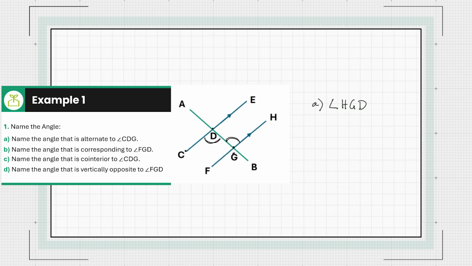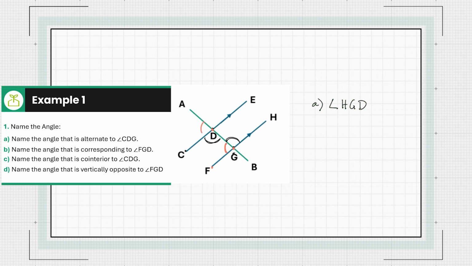Name the angle that is corresponding to FGD. So let's look for another color. So FGD. So we're starting here. We're going to G and we're going to D. So the one in the middle gets our angle. So that's angle FGD right there. And we're looking for one that's corresponding. Corresponding is in the same position at a different intersection.